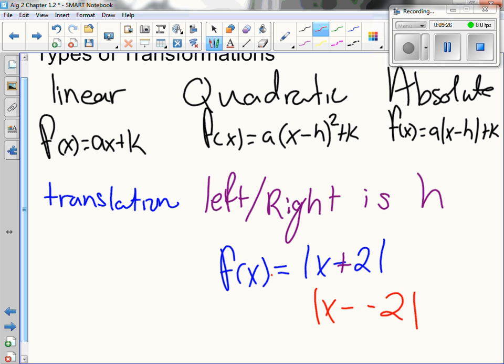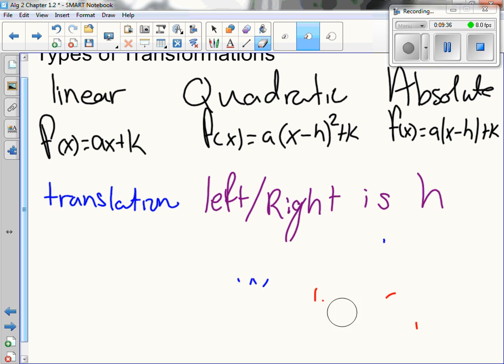We don't leave a negative in the negative. We rewrite it as positive. So if it's plus 2, we're moving to the left. If it's minus 2, we're moving to the right. So whatever's inside parentheses kind of lies to us. It's the opposite of what we think. Inside parentheses, inside absolute values is the opposite of what we think it is.